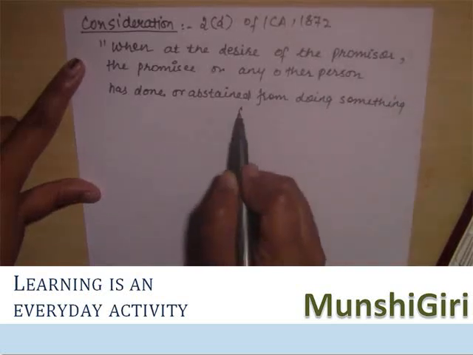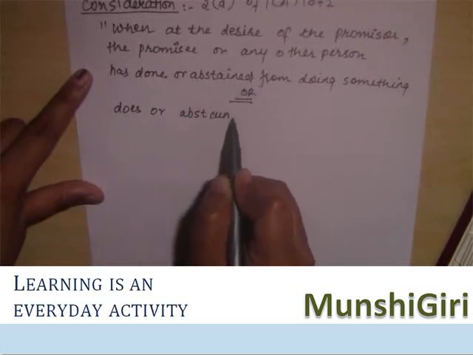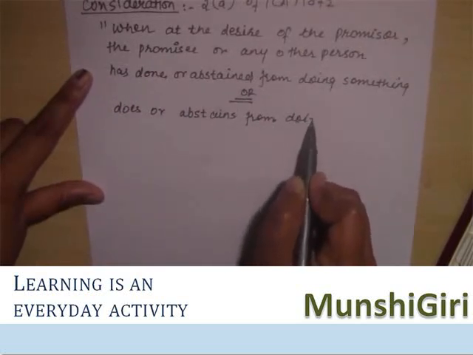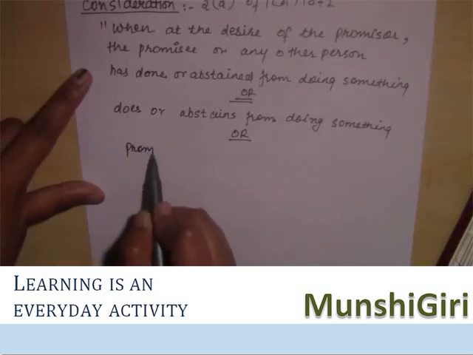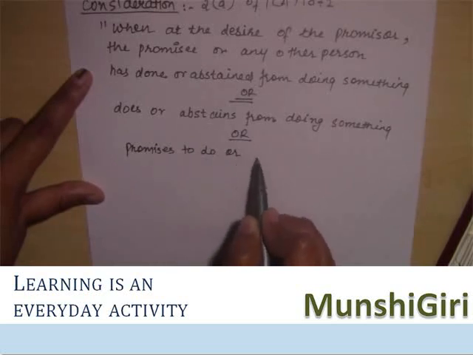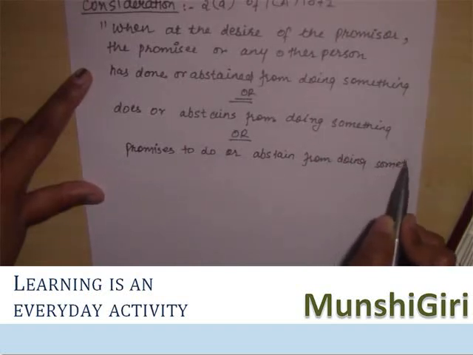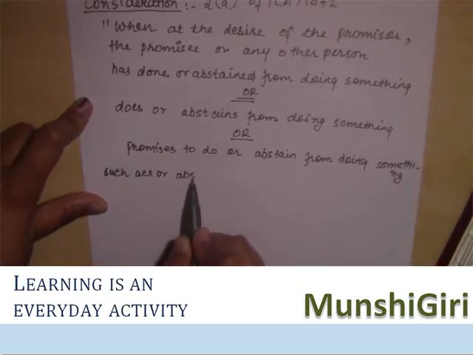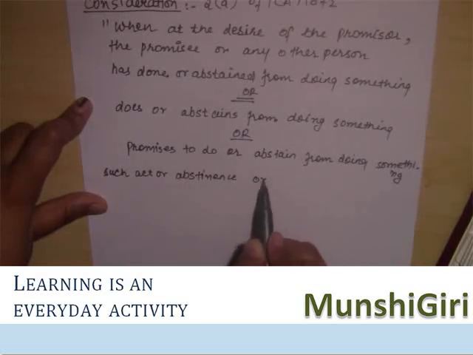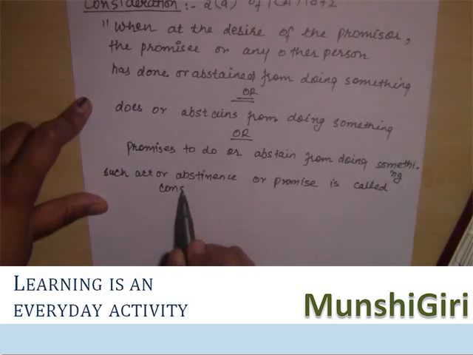or does or abstains from doing something, or promises to do or abstain from doing something, such act or abstinence or promise is called consideration for the promise.